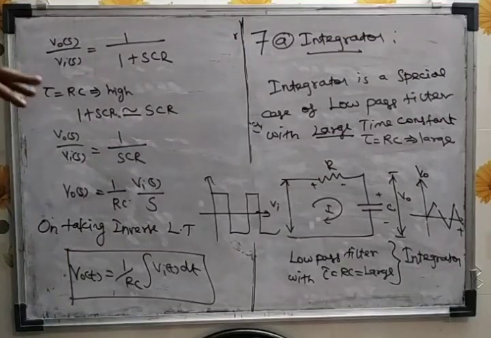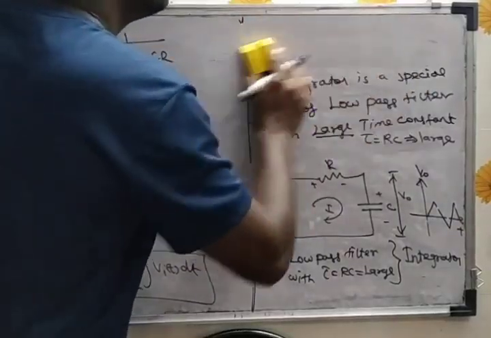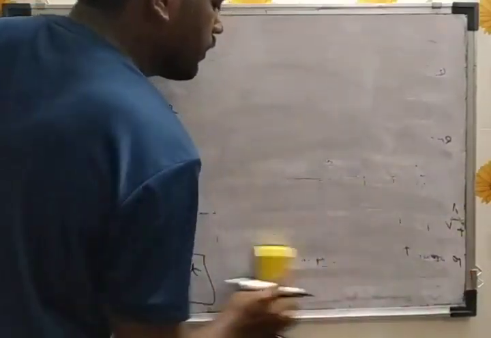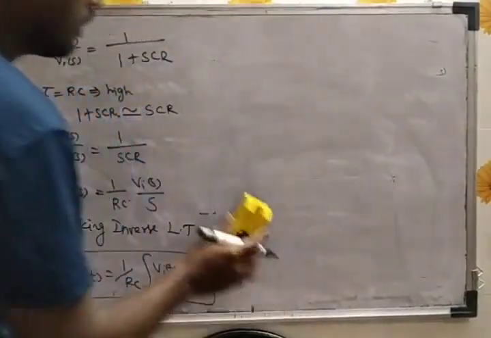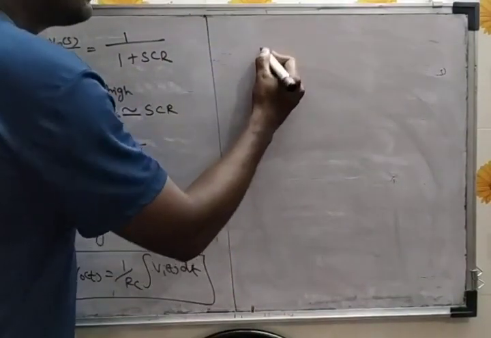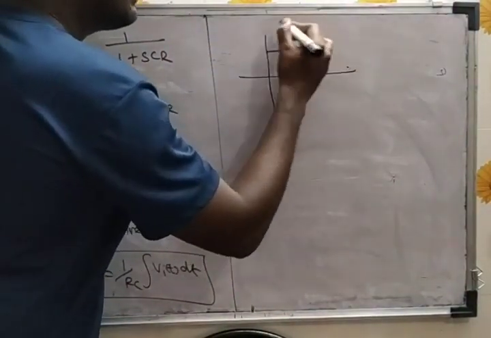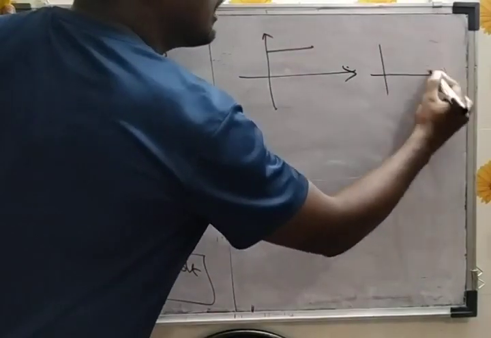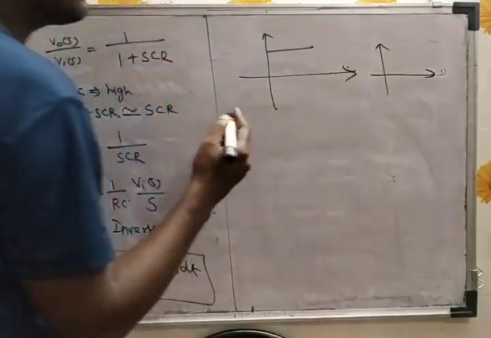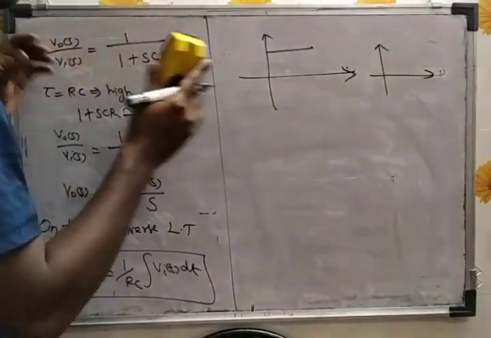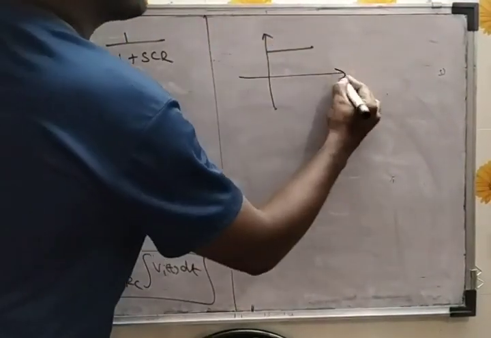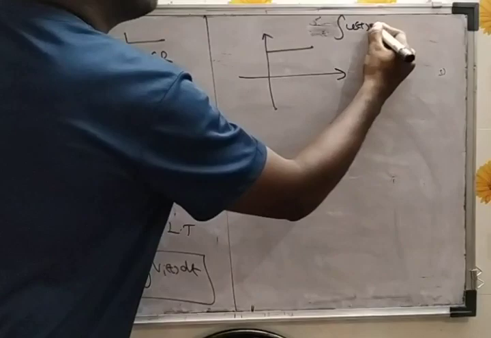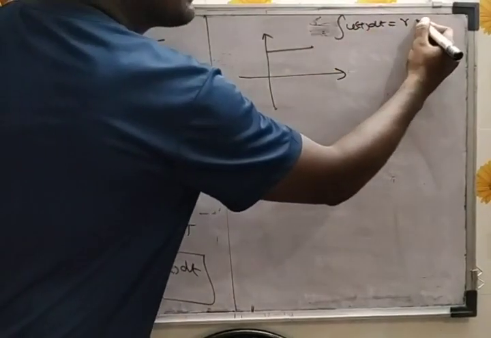Next we see the waveform. We know that integrating a step signal gives a ramp signal r of t.